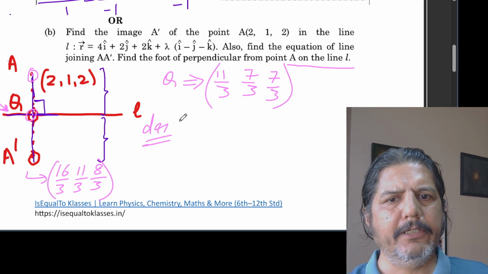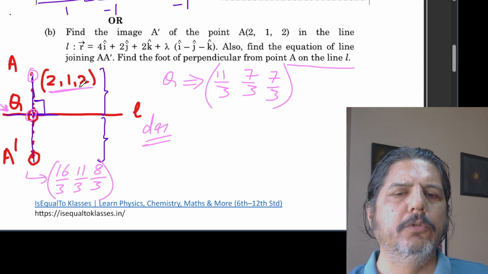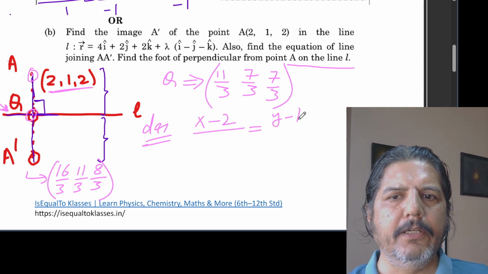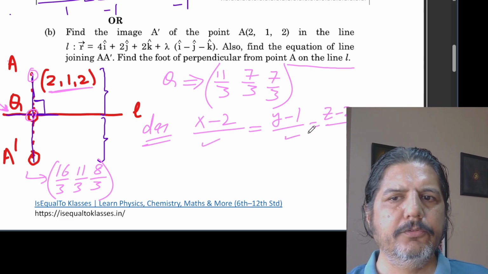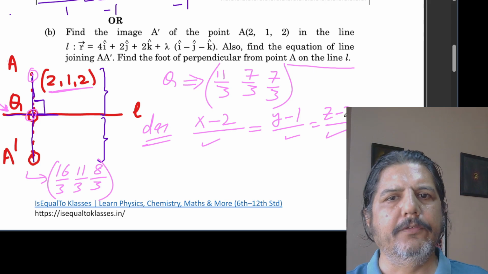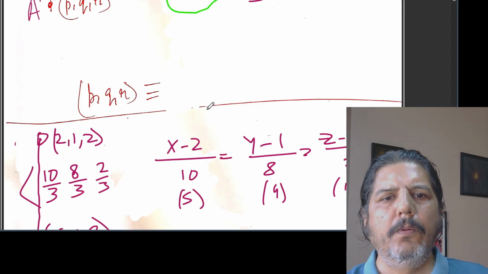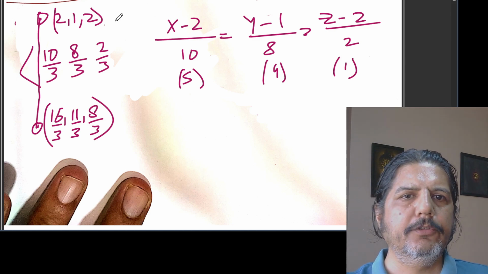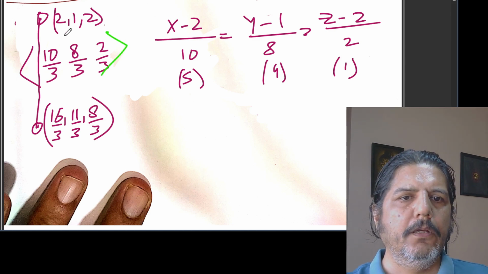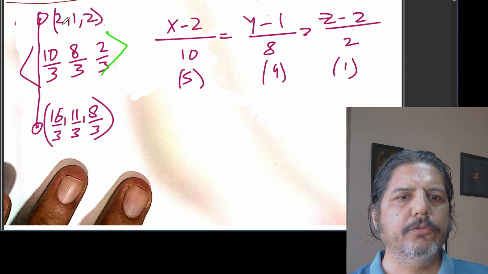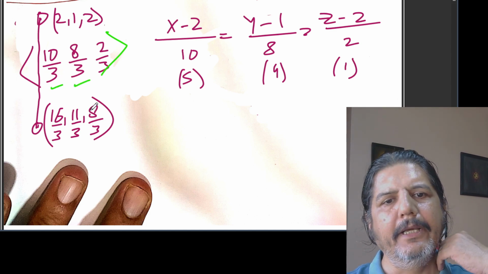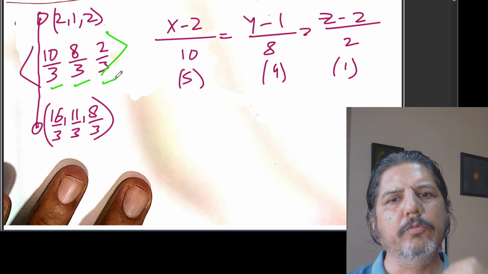Once I have the direction ratios and the point 2, 1, 2, I can write x minus 2, y minus 1, z minus 2, whole upon the direction ratios, and then I'll have the final answer. Calculating: 16 by 3 minus 2 is 10 by 3, 11 by 3 minus 1 is 8 by 3, and 8 by 3 minus 2 is 2 by 3.